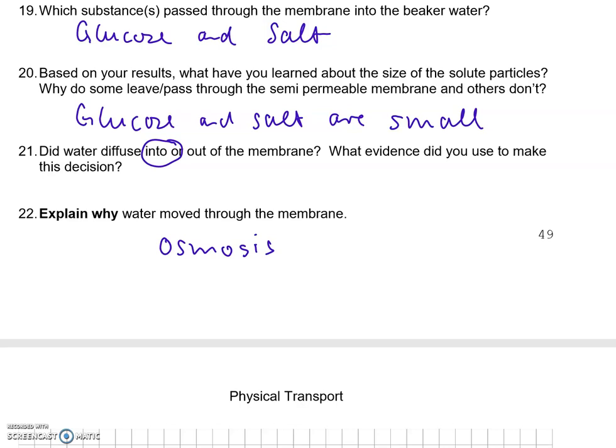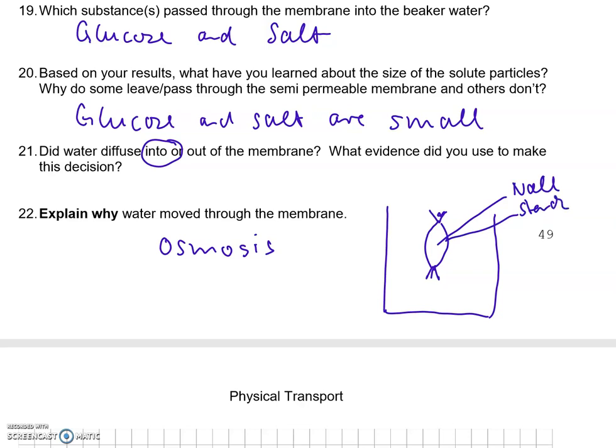And let me just draw a quick sketch of what this experiment looks like. So you have your dialysis bag right here, and it has the different components in here. So there's the salt, and then we had starch there, and we had glucose, and we had protein.